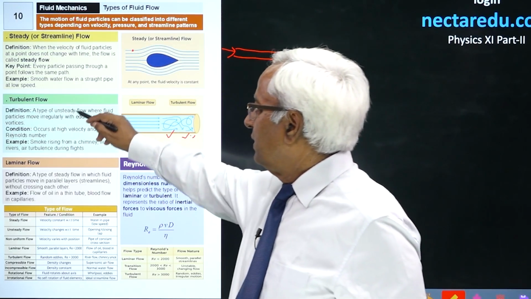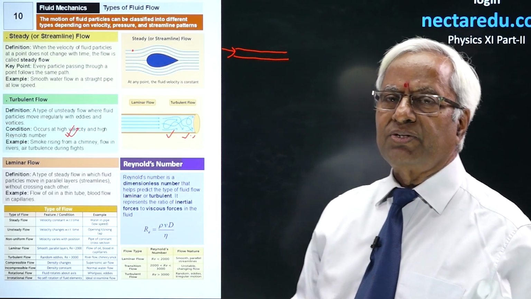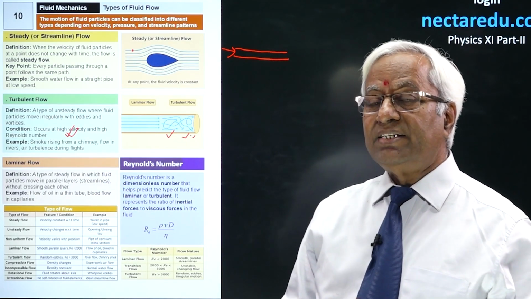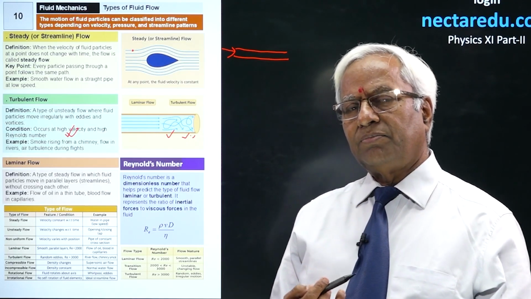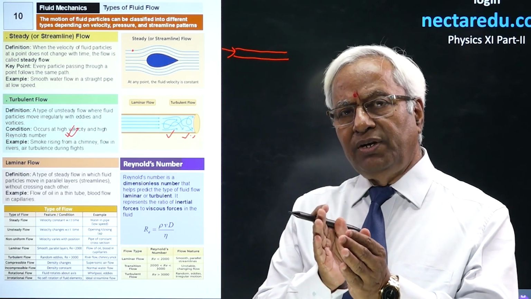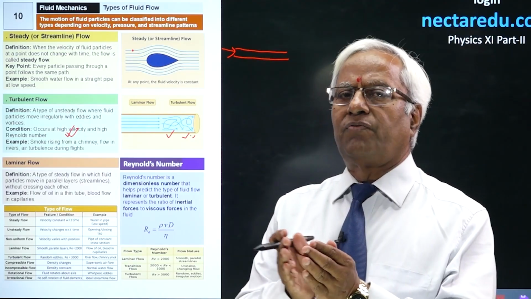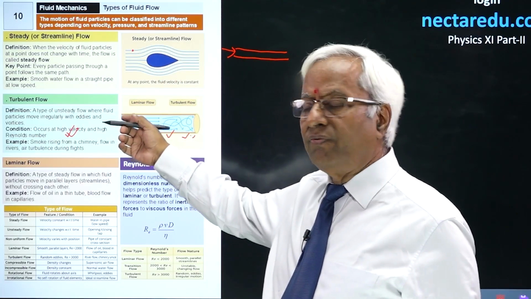Then, for example, you might have seen vortices or eddies, vortices with air and eddies with water. These are very unsystematic flows of liquid and air. These are examples of turbulent flow.